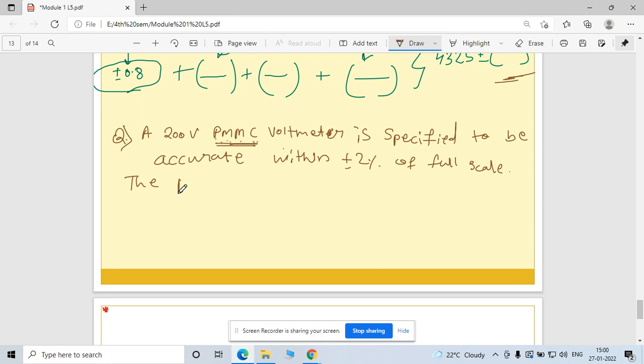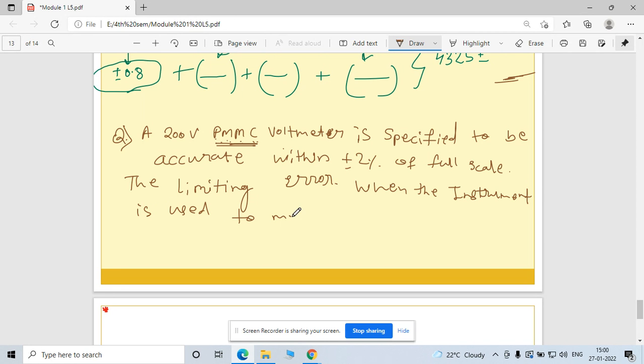The limiting error, this is your limiting error, when the instrument is used to measure a voltage of 100 volt.